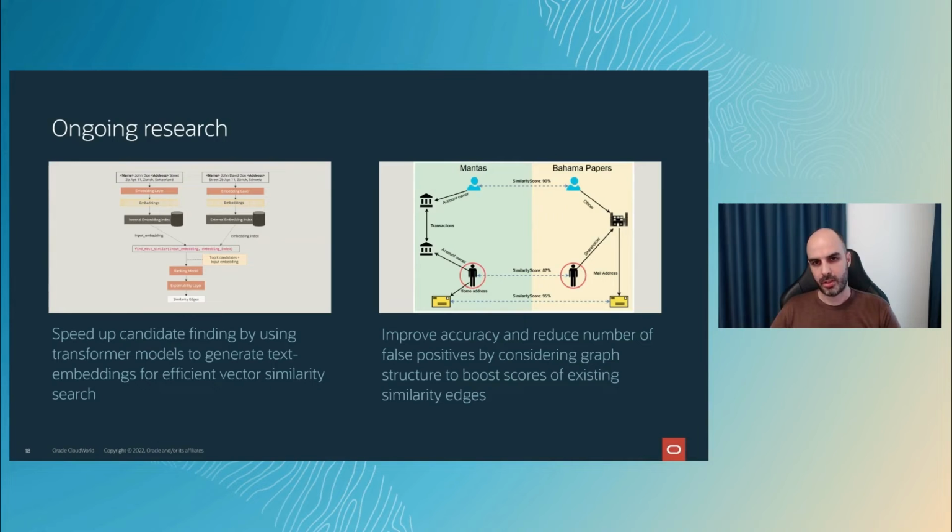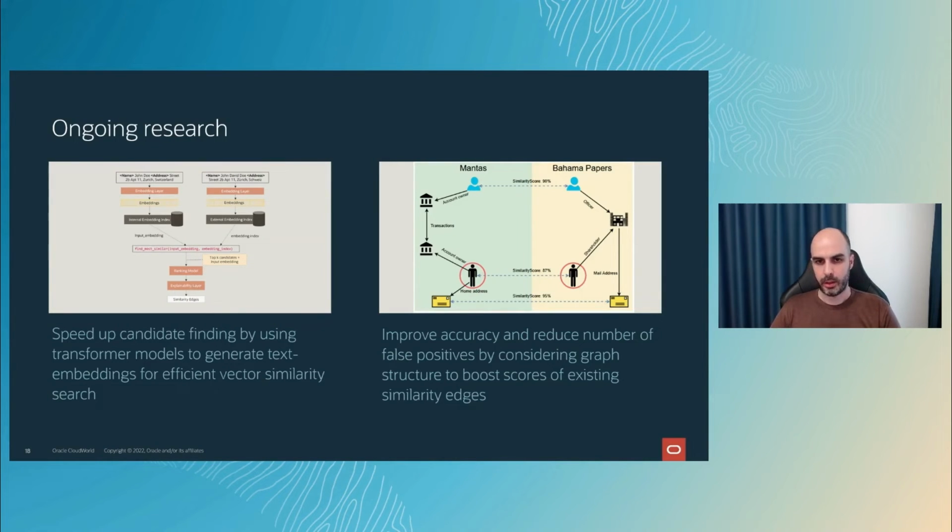Then another part that I mentioned is incorporating this graph structure and using it to further boost the scores we have. So we want to increase or decrease the score depending on where in the graph the entities are. Is the surrounding structure similar? And there might be additional similarity edges between the two data sets that we can reach within the graph.